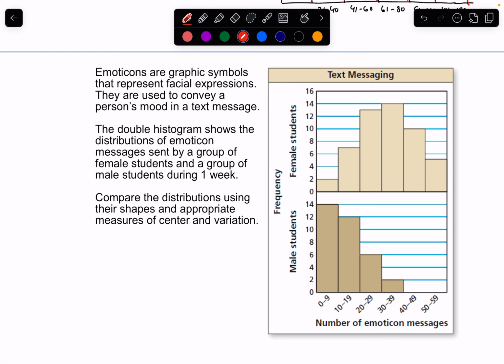So if I look at the female group, it's pretty symmetrical, right? There's the peak in the middle, and it dwindles to the left and the right. The right side might be a little bit heavy, but not dramatically so. So I would probably use the mean and the standard deviation. But when I look at the male students, this is very much skewed to the right. The data is mostly on the left side of the diagram, and the tail is going out to the right.